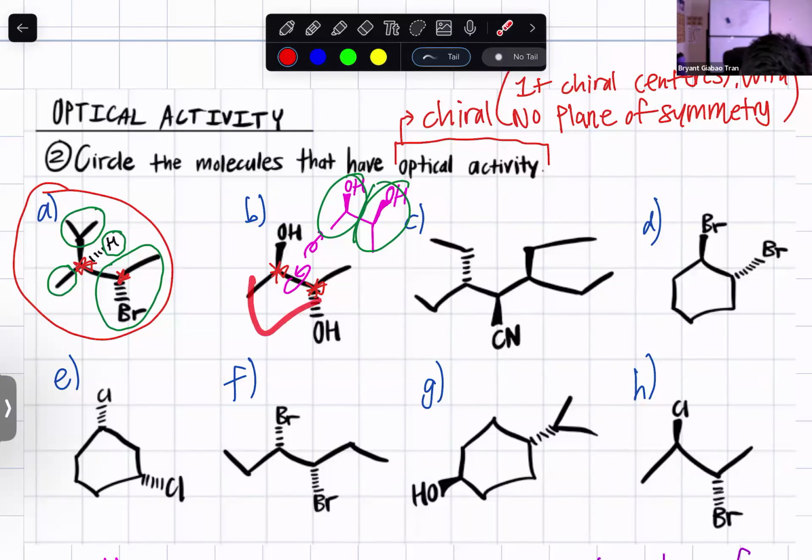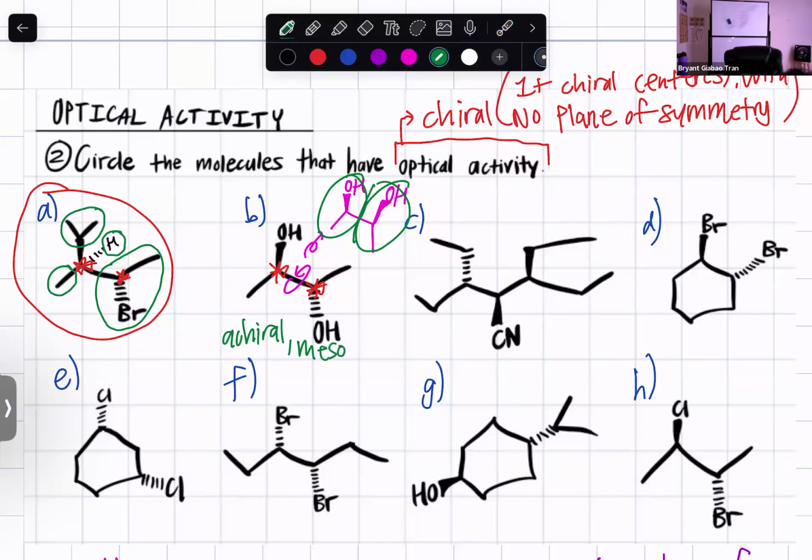Great. So this one right here would be considered achiral and meso, right? Meso because of that plane of symmetry down here. Right, and it also has two chiral centers.